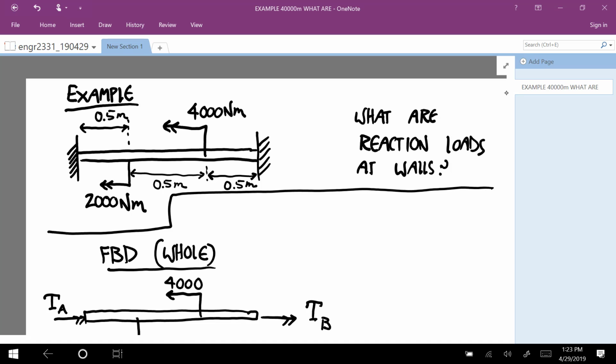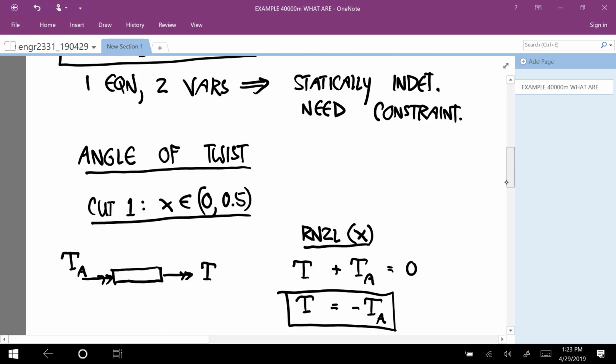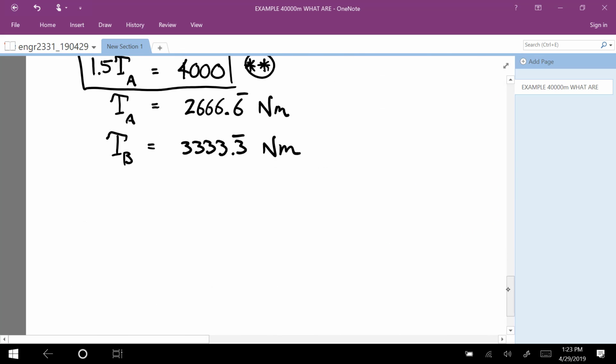Any other questions? Yeah. Okay, yes. I've been doing this a lot with these kinds of problems, so let me draw it out more carefully and you can see what's going on.